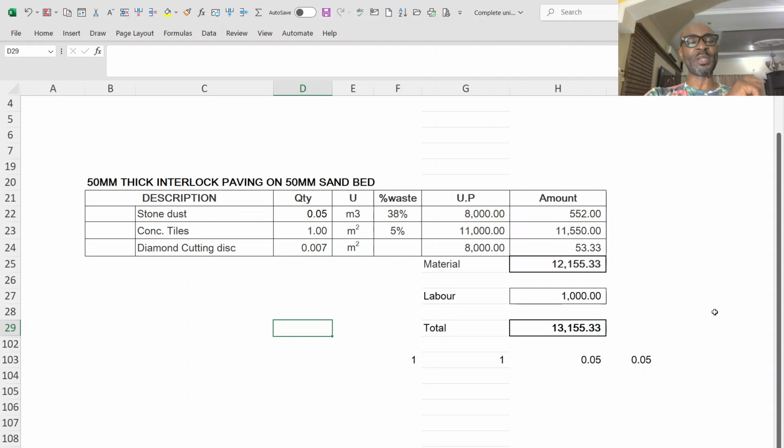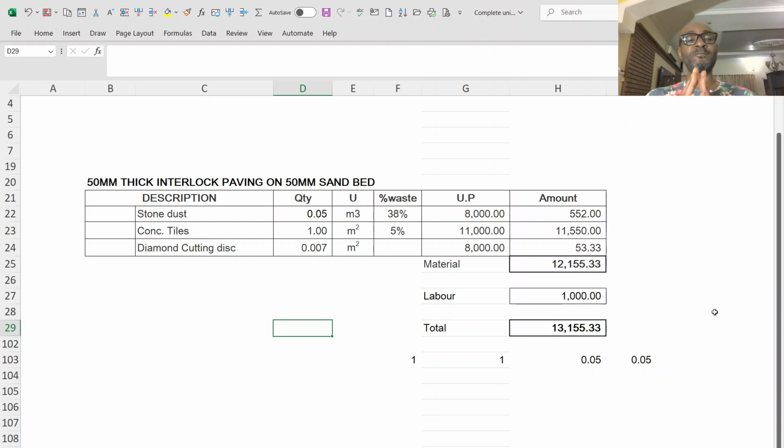If it is 50 mm thick, you have to get the volume of the sand bed per square meter. Then you now apply all the necessary wastages that will come up during the course of laying for you to now arrive at your cost per square meter for the sand bed.